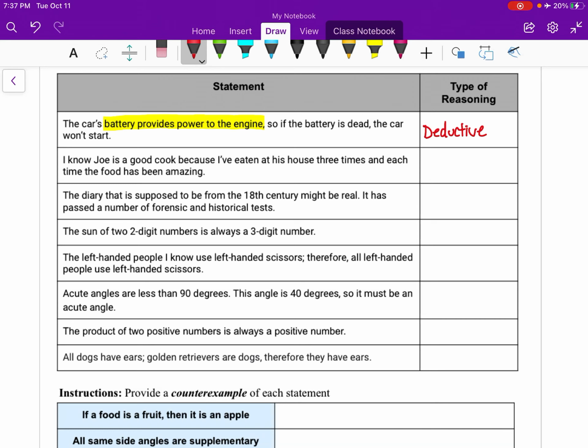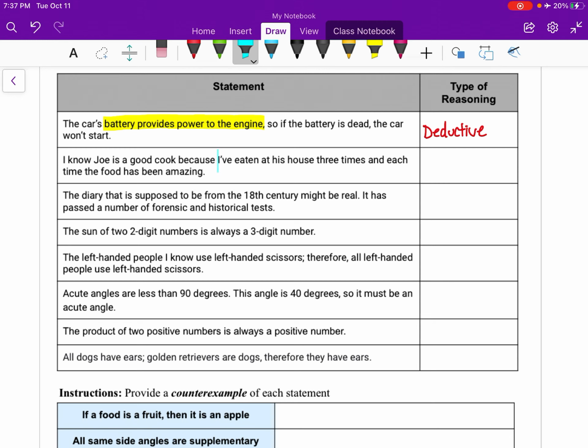Now let's move on to the second statement. This one says, I know Joe is a good cook because I've eaten at his house three times, and each time the food has been amazing. Now, none of what was said in this statement is a proven fact.